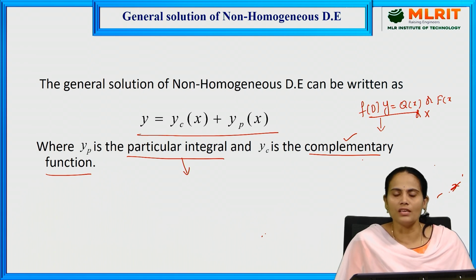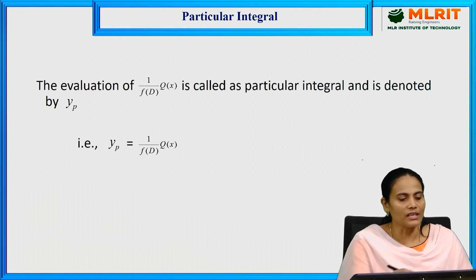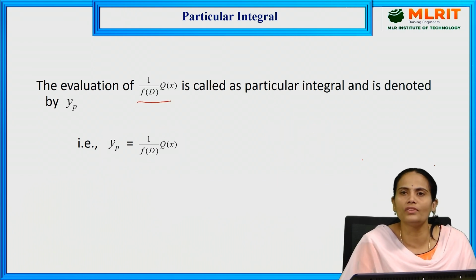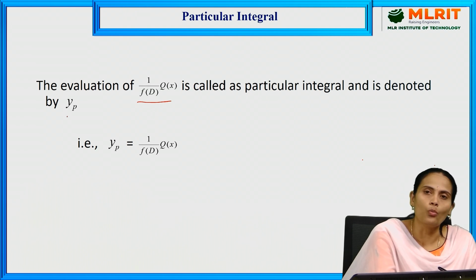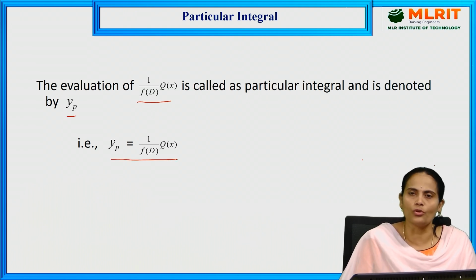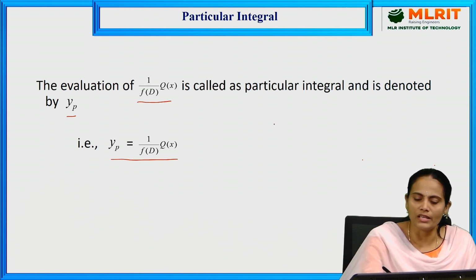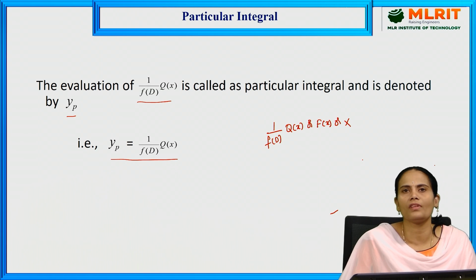Now let us see how the particular integral is defined. The evaluation of 1 by f of D into Q of x is known as the particular integral, denoted by yp, where yp is 1 by f of D into Q of x, or f of x, or capital X. Q of x and f of x are functions of x.